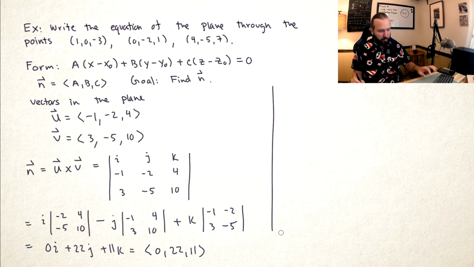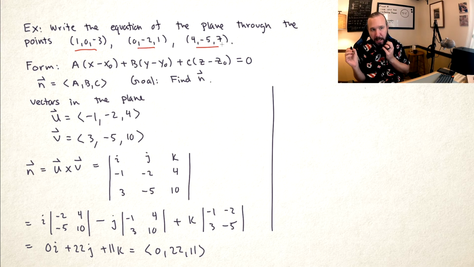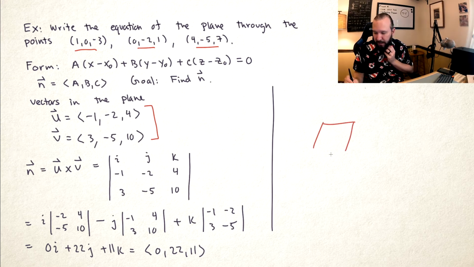Just to recap where we're at: we had 3 points in the plane, and I used those 3 points to produce vectors that were in the plane. So I've got a plane, and I've got 2 vectors that are in the plane. What I need is a vector that's normal to the plane. That's exactly what the cross product is for.